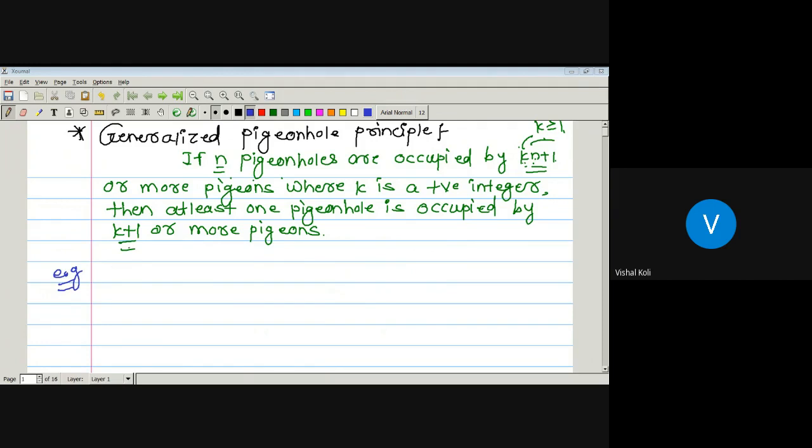A bag contains black, blue, and white socks.